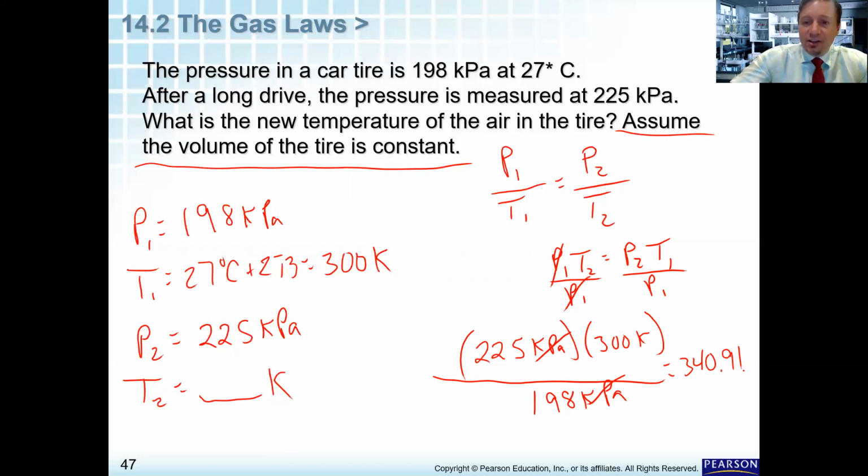So I have 3 sig figs across the board. That means my temperature 2 is going to equal 341 Kelvin. So I can come over here and rewrite that, 341 Kelvin.